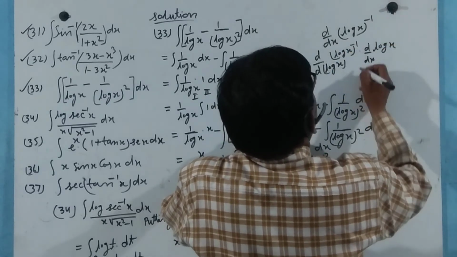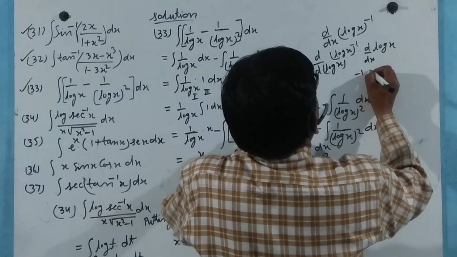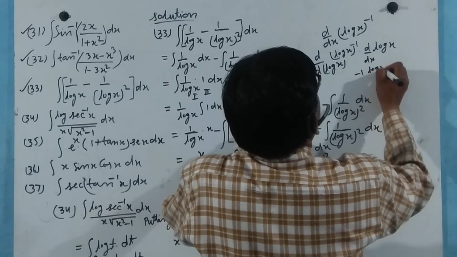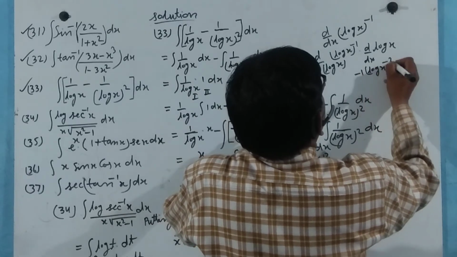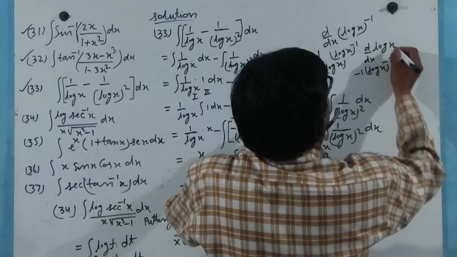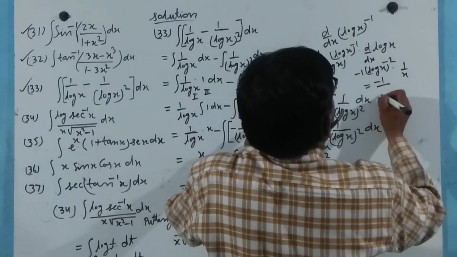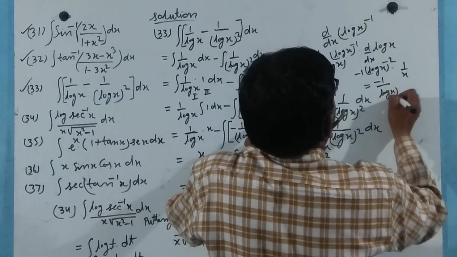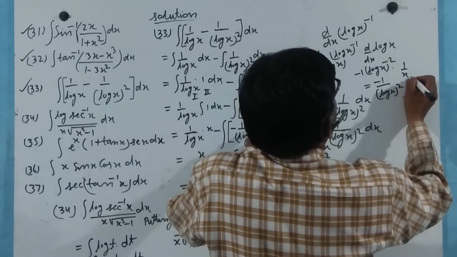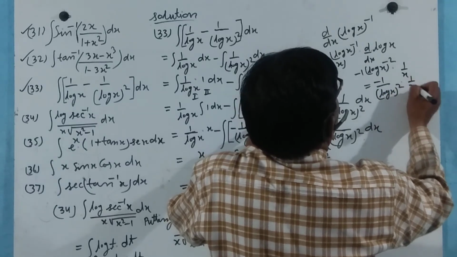This is n x to the power n minus 1: log x to the power minus 1 minus 1, that is minus 2, into the derivative of log x, which is 1 by x. This can be written as minus 1 by log x to the power 2 into 1 by x.